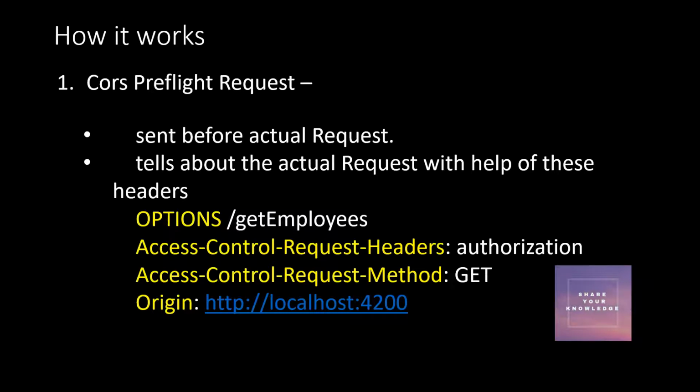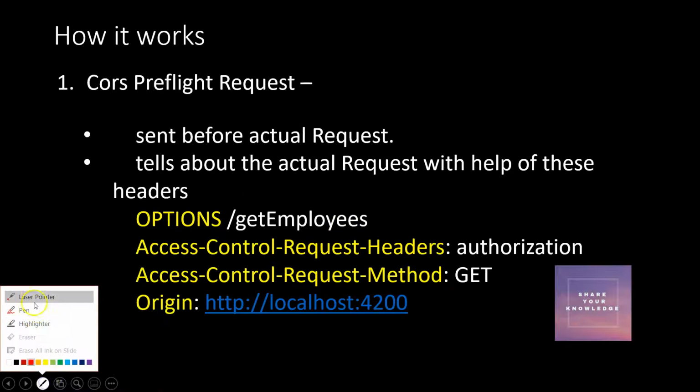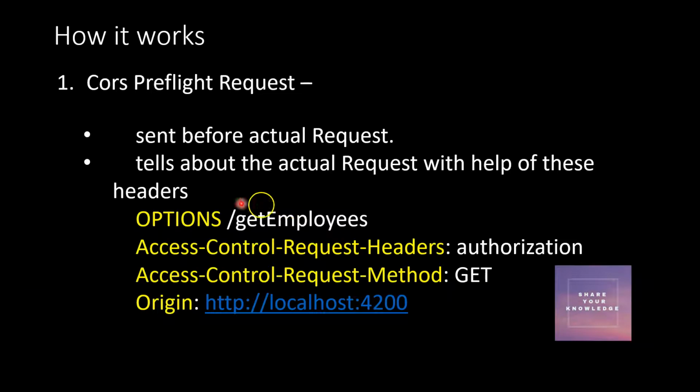This will be an OPTIONS request where it tells what request it is about to send. It says: I am going to send a GET request, using these headers, from this origin, to access this get employees resource. I am going to send an Authorization header from this origin.